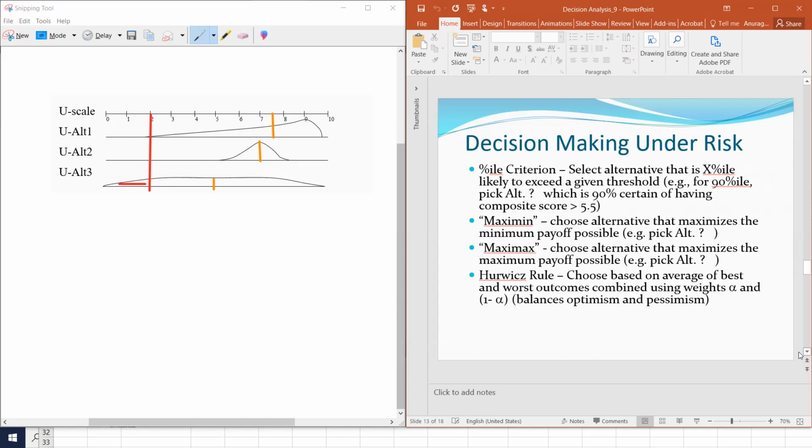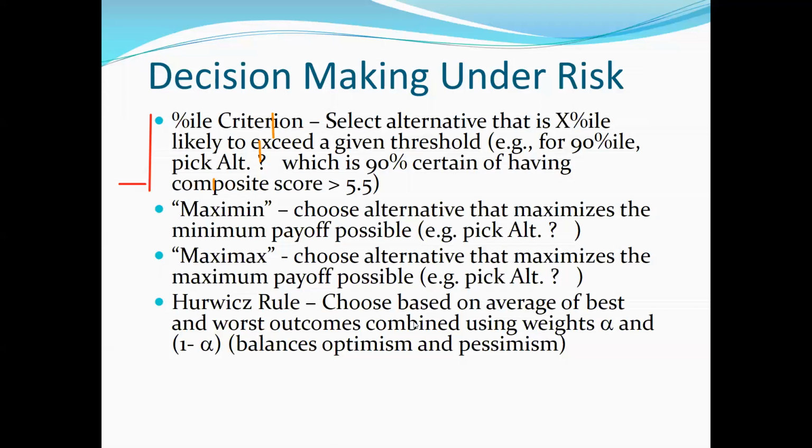If you're basing it on a 90% criteria, which is 90% certain, the question is, select alternatives that is percentile likely to exceed a given threshold. Which of these alternatives is 90% certain to have a composite score of more than 5.5?